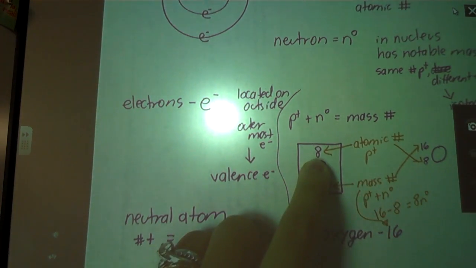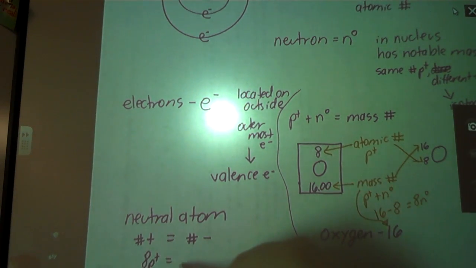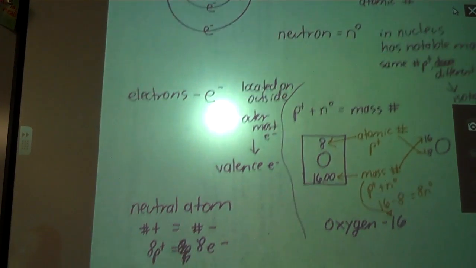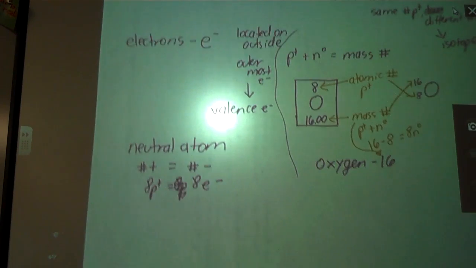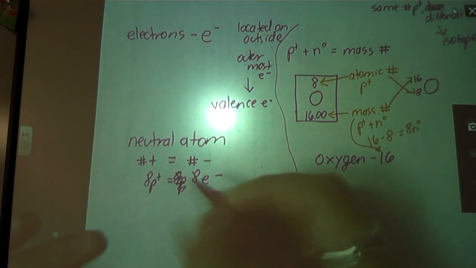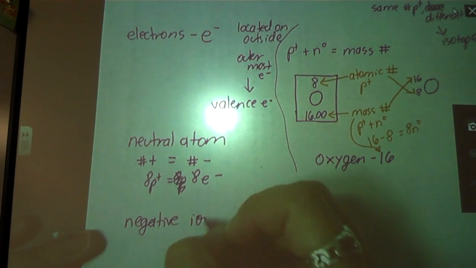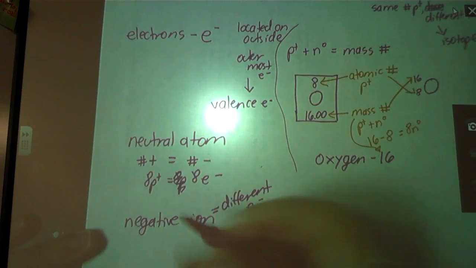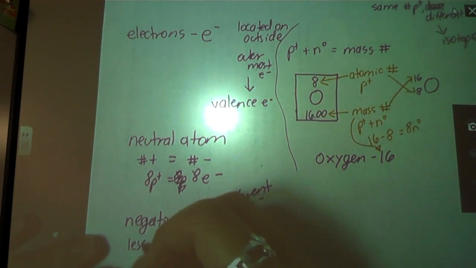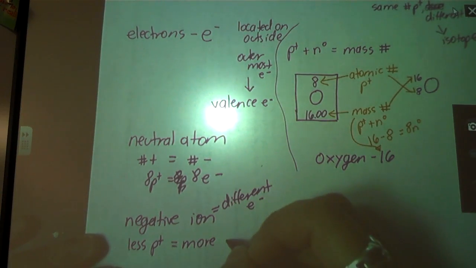So with our oxygen atom here, if we're talking about a neutral oxygen atom, I have 8 protons, means I must have 8 electrons. If we're talking about an ion, so an ion is an atom with a different number of electrons, if I'm talking about a negative ion, that means that I must have less positives and more negatives.